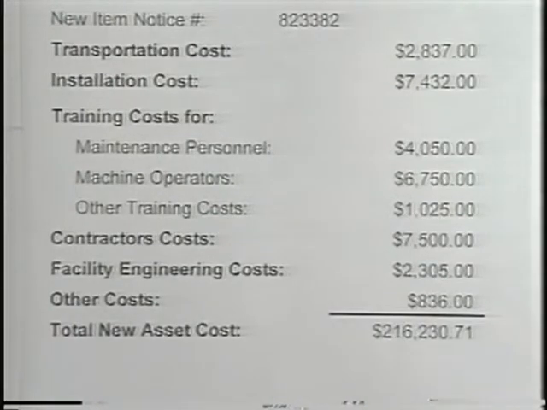Now this is merely one format to demonstrate how new equipment cost can be utilized in the financial analysis of the CMMS program.